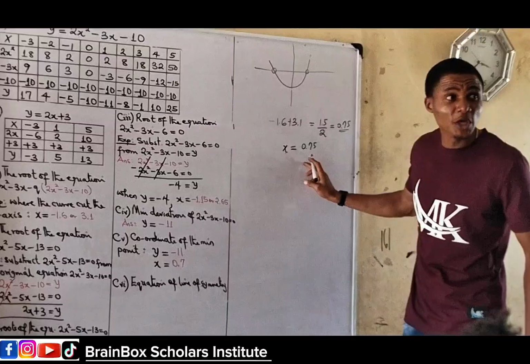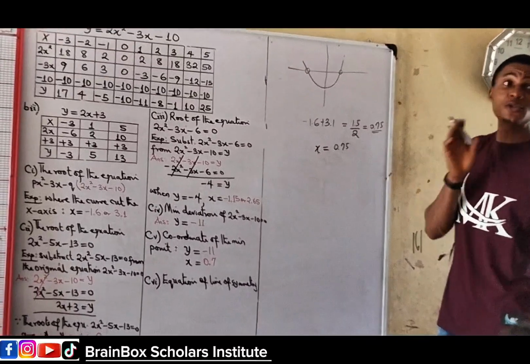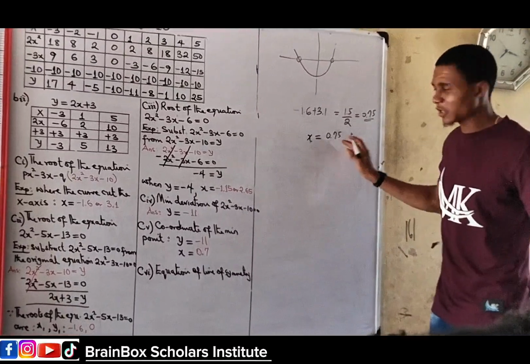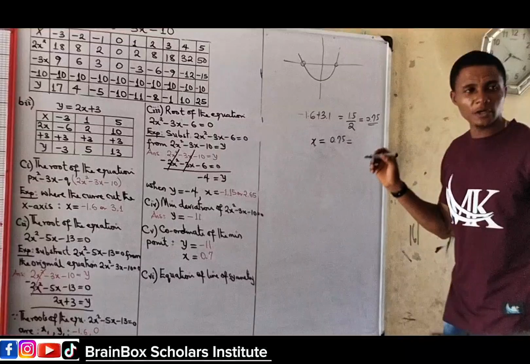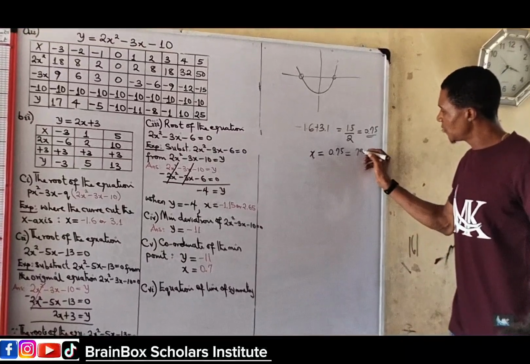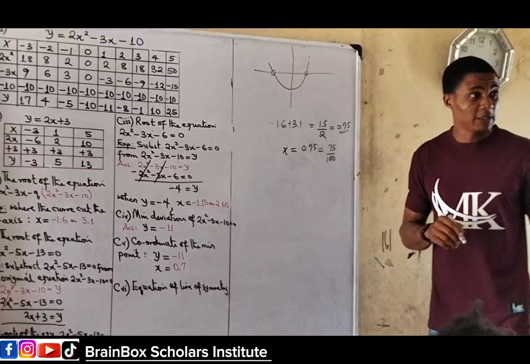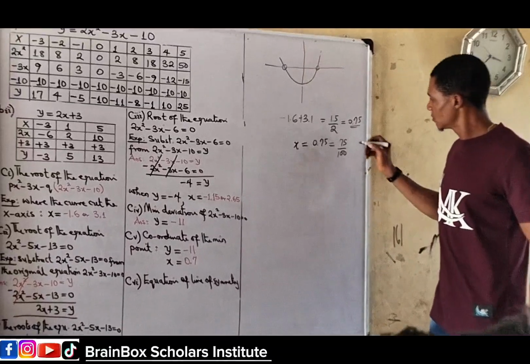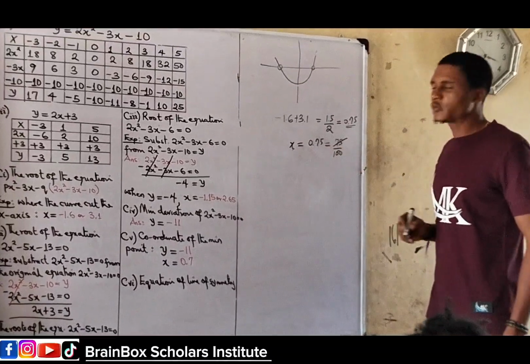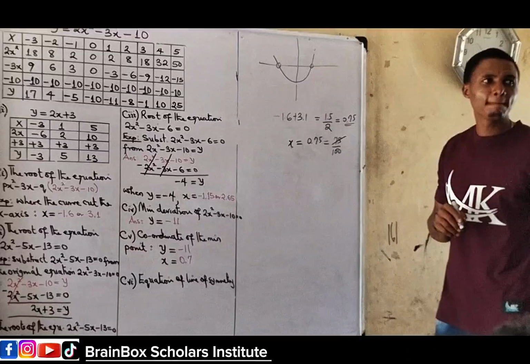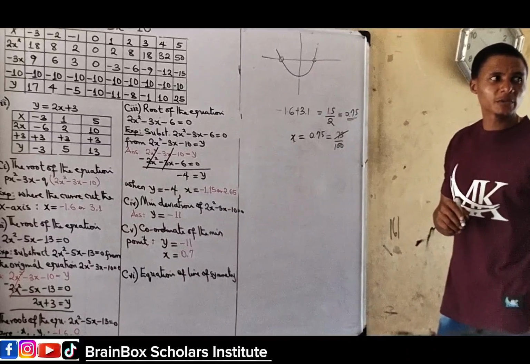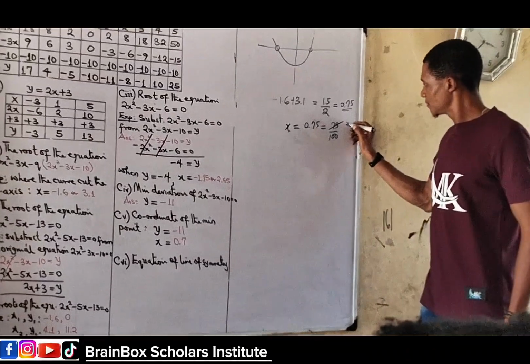Now, let me change this to a fraction. If I change it to a fraction, it becomes 75 over 100. If 25 goes here, it gives me 3.